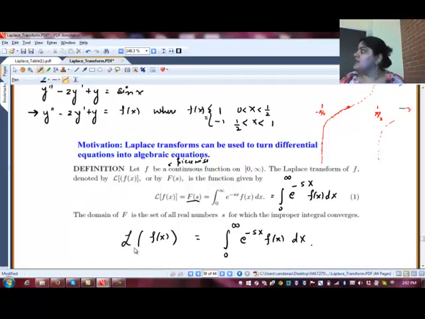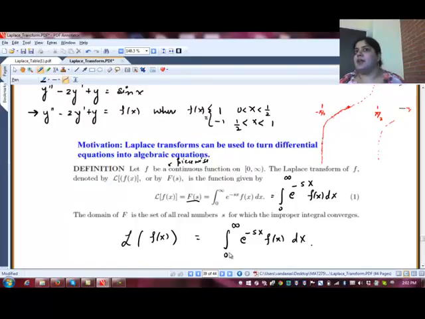Now, since this is a function, we are doing an integral. If it's a sequence, we will be doing summation. How many of you have done the Riemann-Stieltjes integral, upper sums, lower sums, and then you try to say upper sum equals lower sum, then it is integrable?